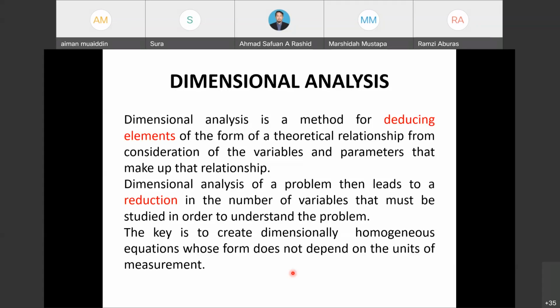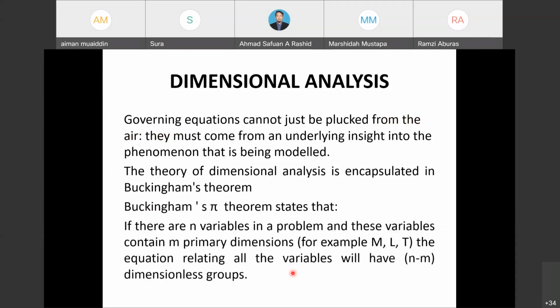Another one is Poisson ratio. Poisson ratio we can consider as dimensionless, because it is the ratio between horizontal strain over vertical strain, and we can create more by using this kind of approach. Okay, so a governing equation cannot just be plucked from the air.